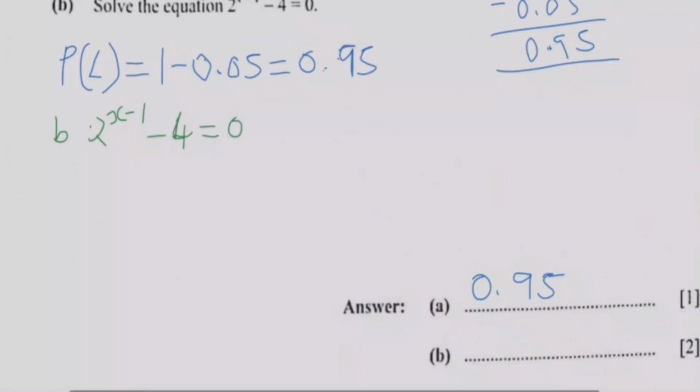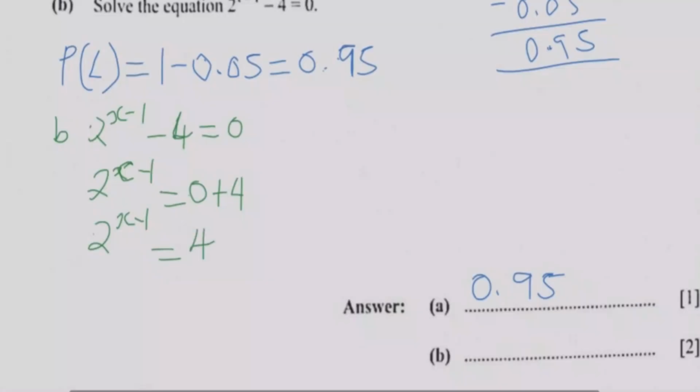is equal to 0. Okay, so what we can do now is put like terms together. So we're going to have 2 raised to the power of x minus 1 is equal to 0 plus 4, which will give us 4.